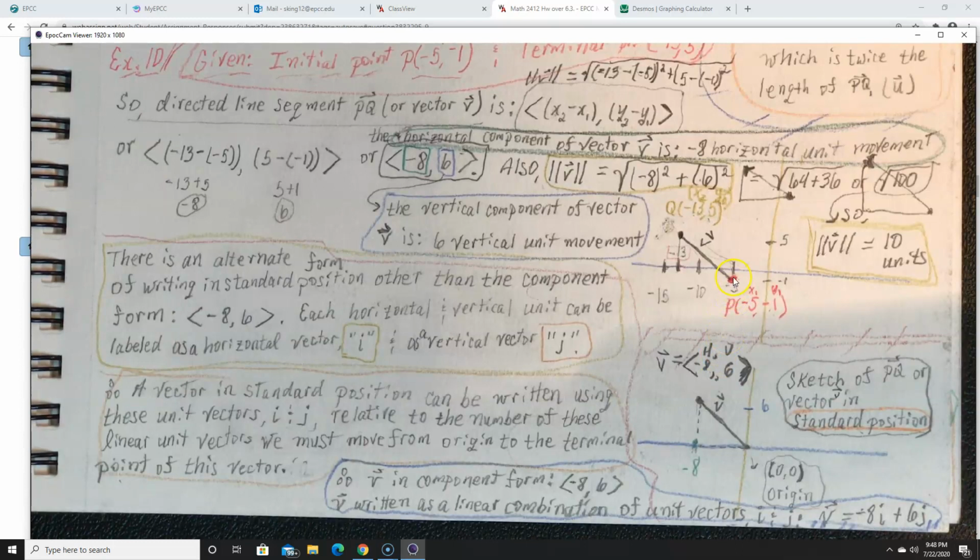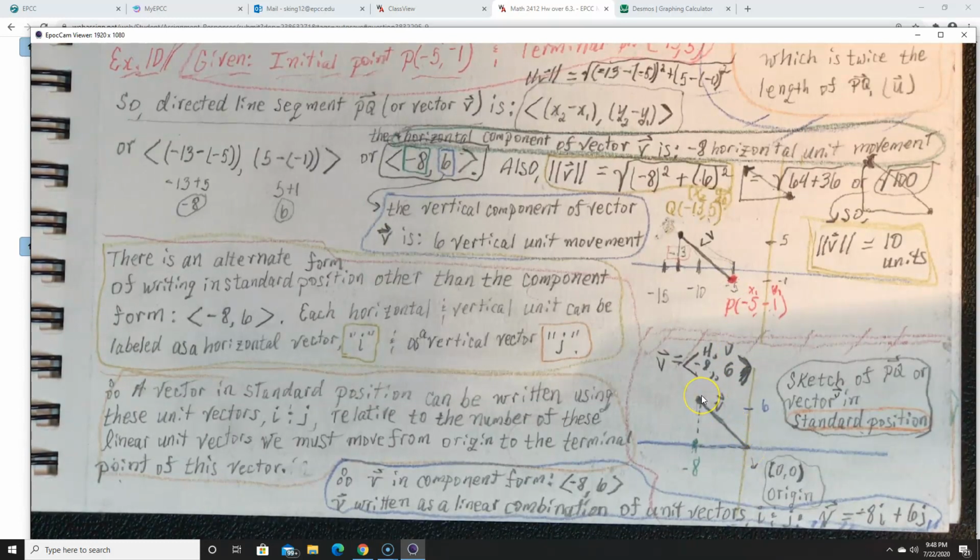In this case, the directed line segment PQ, which you can also call a vector. But as soon as they say put it in component form, that means you're moving it where the initial point is at the origin.